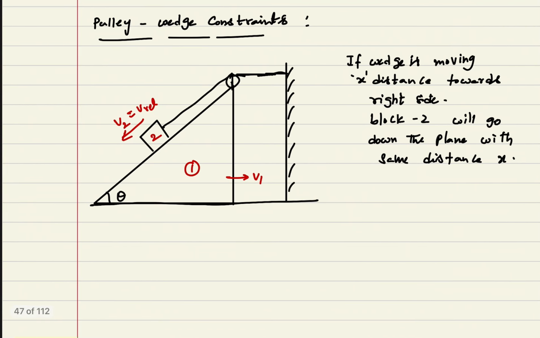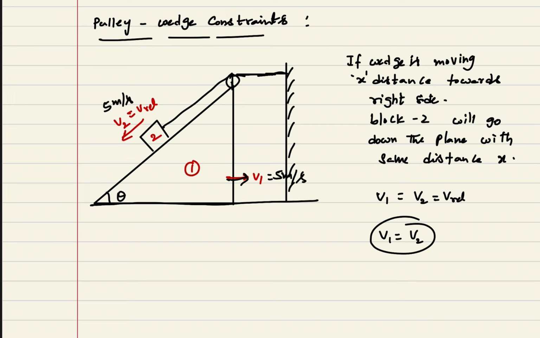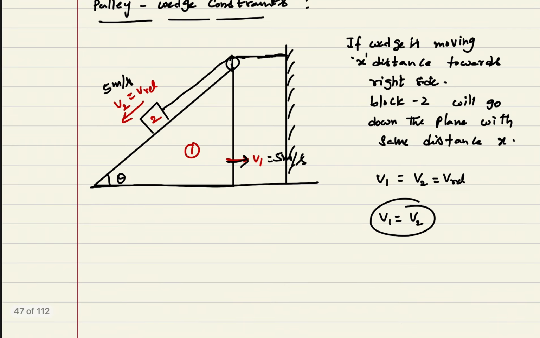That's why if the first body is moving with velocity v1, the v2 relative value is there, no? V relative, that value is also v only. Okay, that is also same. V2 value is same. So we can say that v1 is equal to v2. If v1 is equal to 5 meter per second, v2 also how much will be there? 5 meter per second only, in the downward direction it will move.